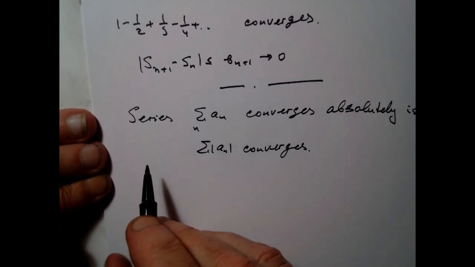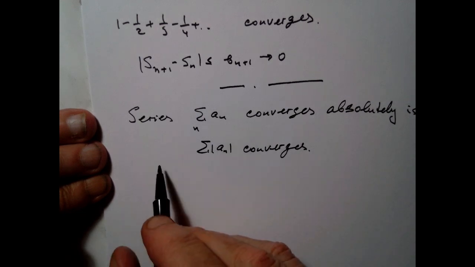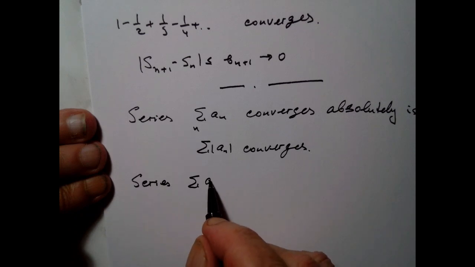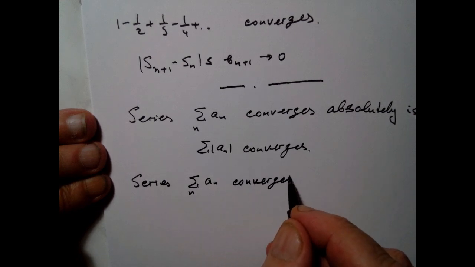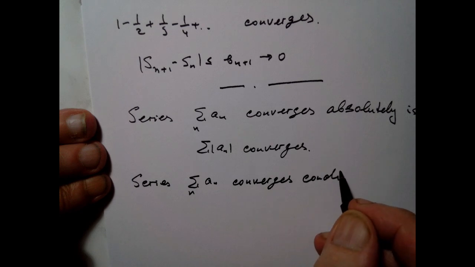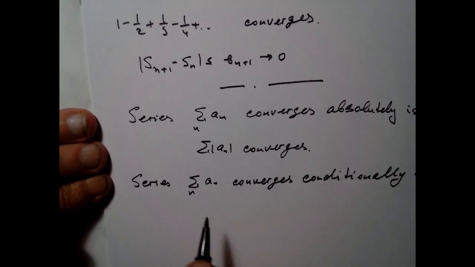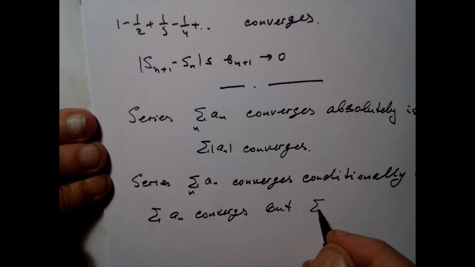And we proved before that if the series converges absolutely, then the series converges. Now the next term here is that the series sum of an converges conditionally if the series an converges, but the series of absolute values diverges.